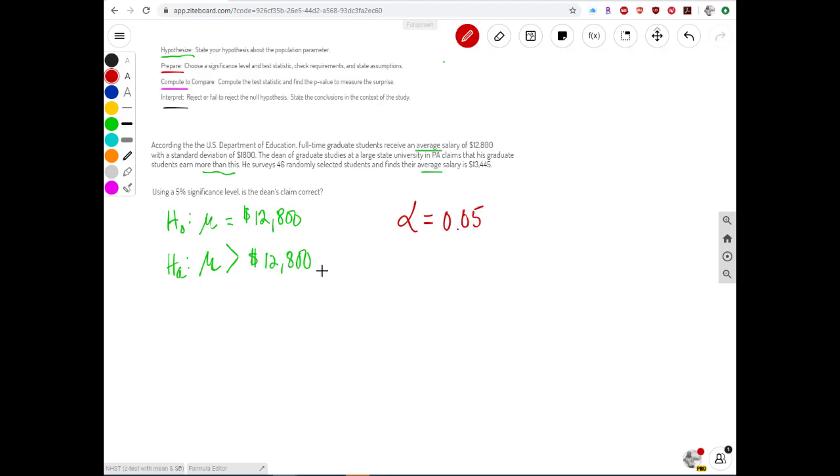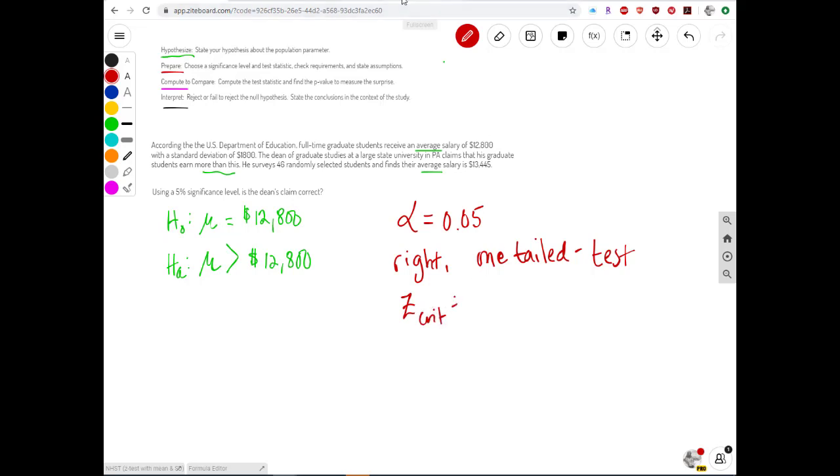And I also need to select my test. So right here, I see that I'm going to have a right one-tailed test. And I need my ZCrit for that test.